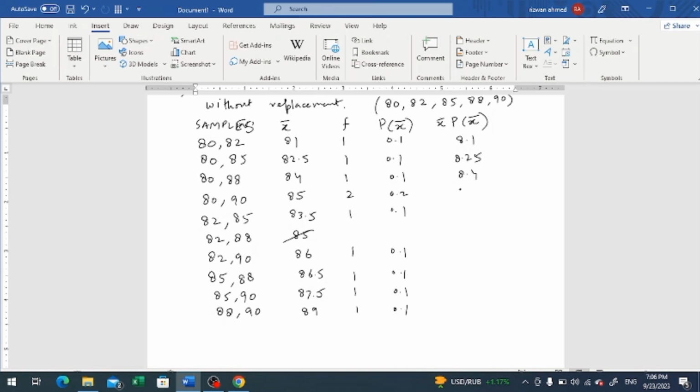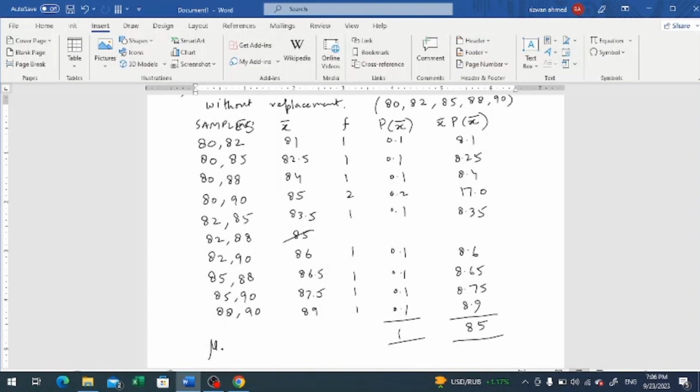This is 17.0. Then this is 8.35, then 8.6, then 8.65, then 8.75, and then 8.9. And when we take the sum, we get it at equal to 85. And this is what we have come up with.